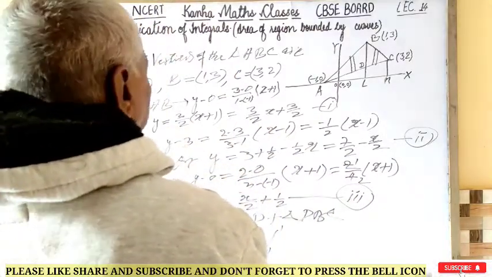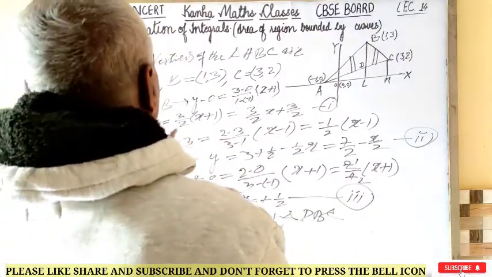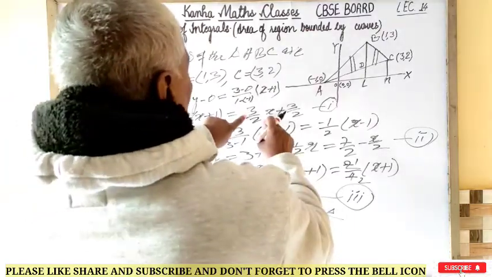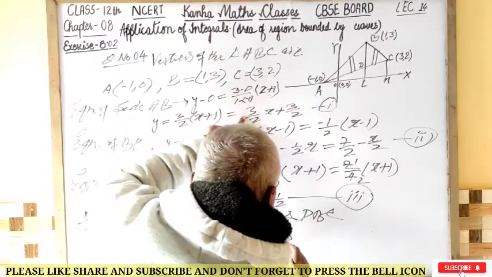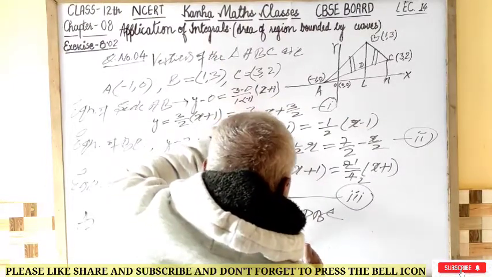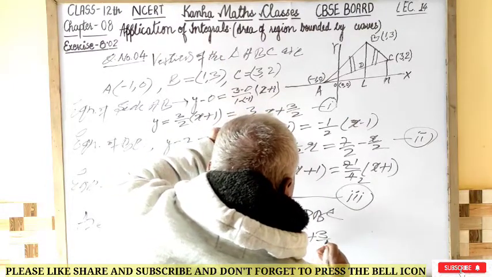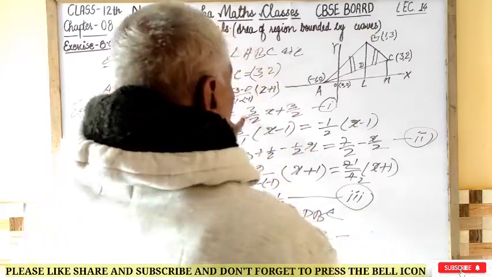Equation of side AB means you put y equal to 3 by 2 x plus 3 by 2. y2 means 3 by 2 x plus 3 by 2 minus y1.